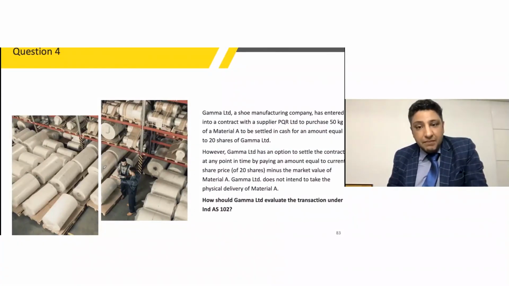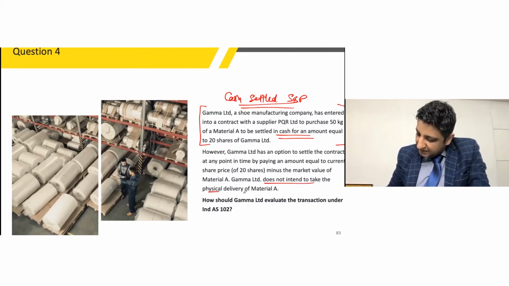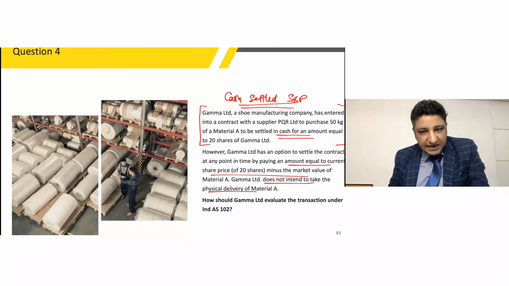Now, you want to remember here, while the first paragraph suggests that this is an example of a cash settled share-based payment, the second paragraph does not indicate so. You're looking at a net settlement. There's no physical delivery intended.